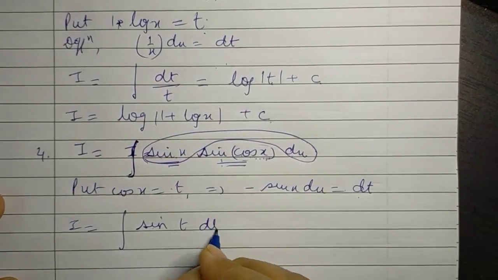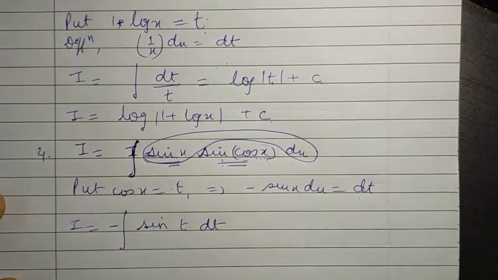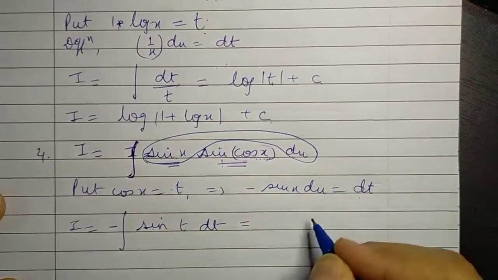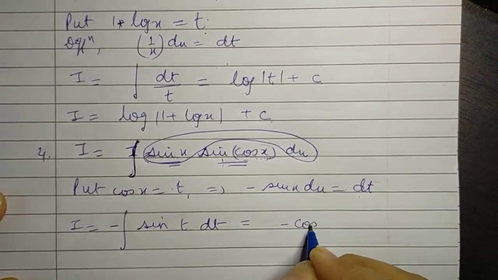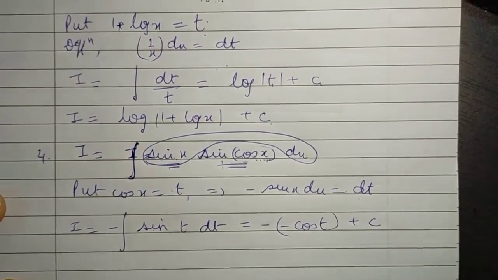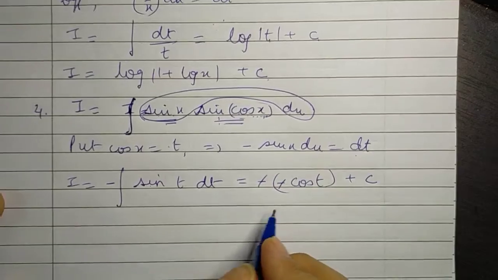So you get sin t dt and minus comes here. Now integrate sin t. Integral of sine is minus cos, but one minus is already there outside, plus c. So this minus gets cancelled with this minus.